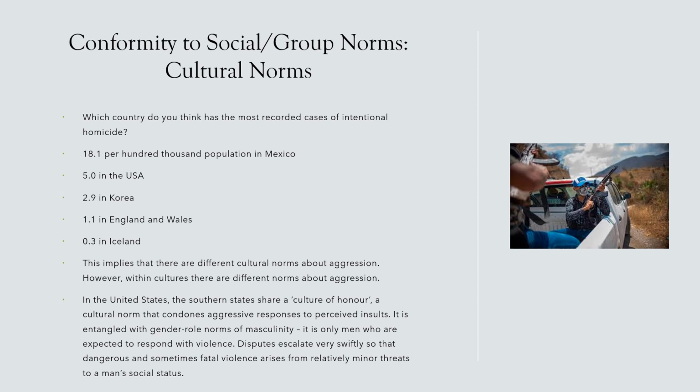So when disputes escalate very quickly, this means that there's a lot of fatal violence that arises because of this cultural norm that they're expected to act physically if someone even mildly insults them, because it's threatening their social status as a man, which in terms of cultural norms, is seen as a really negative thing.